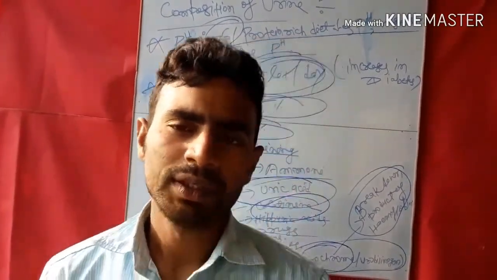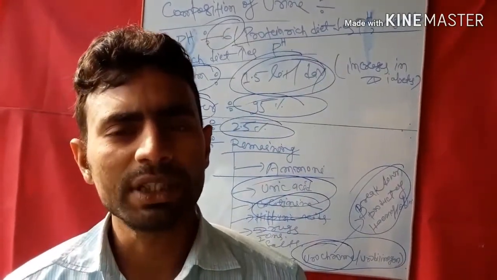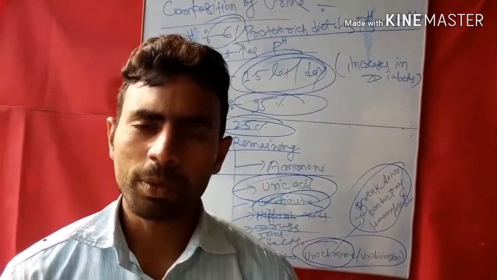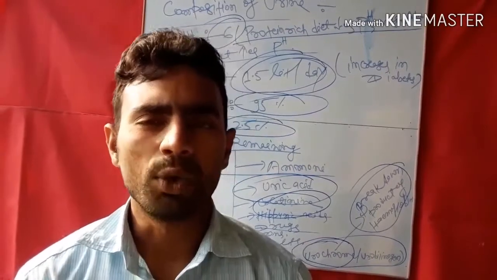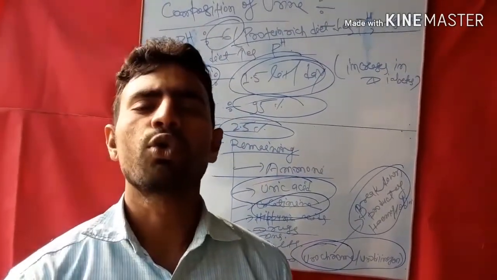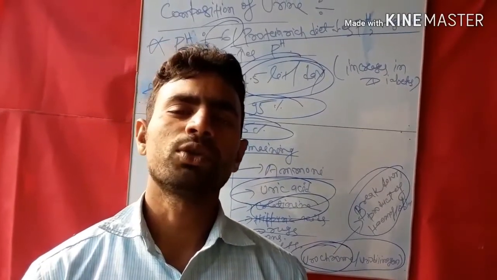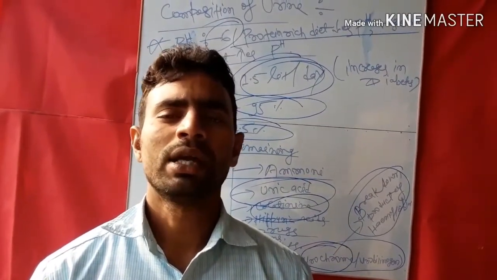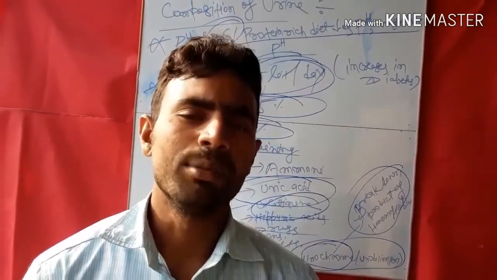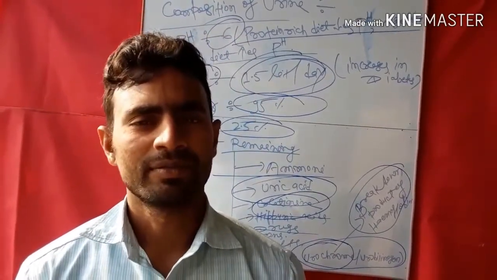The color of urine is pale yellow. The yellow color of urine is due to urochrome, which is also called urobilinogen, and that is the breakdown product of hemoglobin.